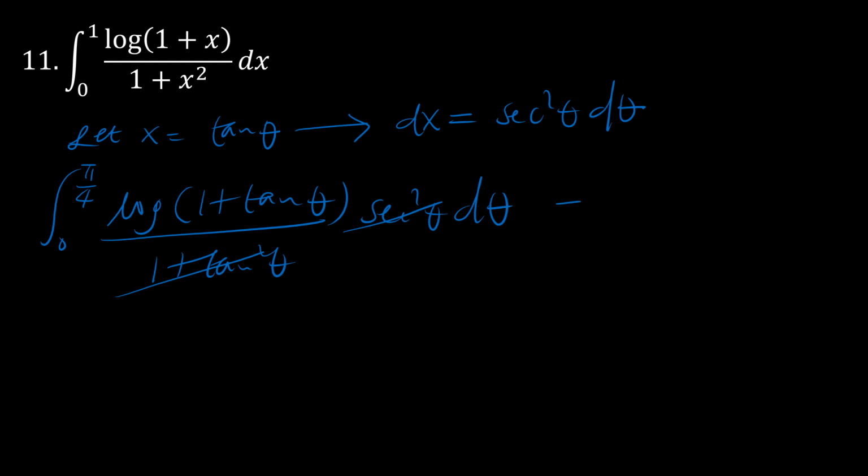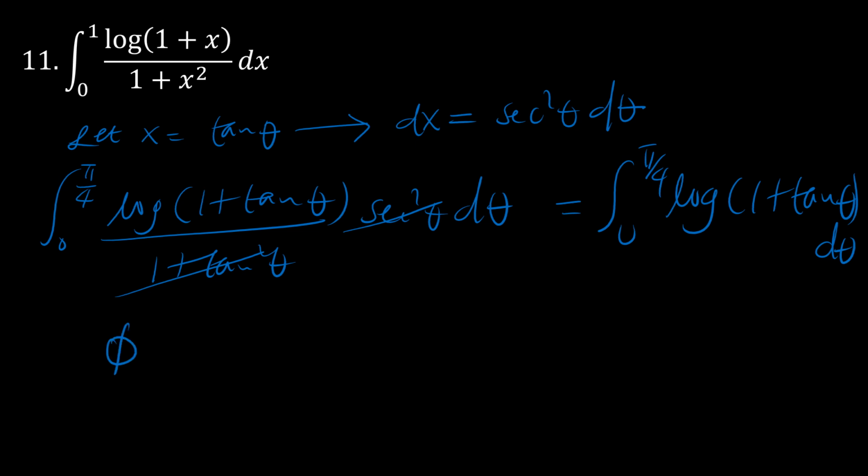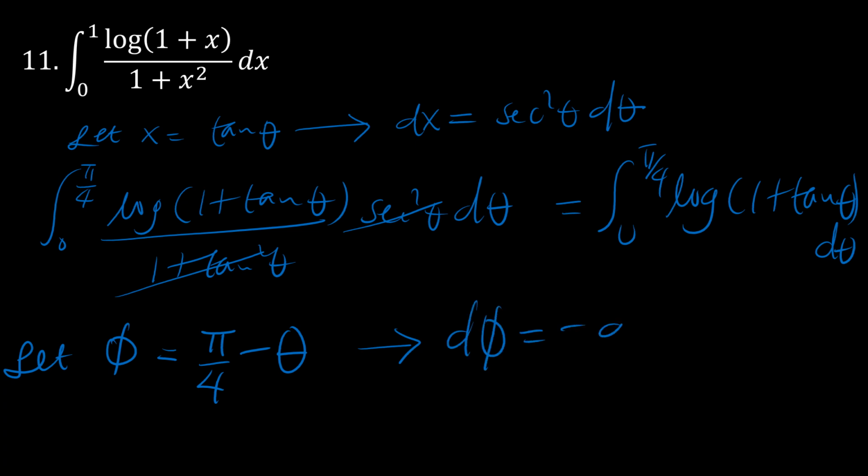So you're left with the integral from 0 to pi over 4 of natural log of 1 plus tangent of theta d theta. So we could play around. Maybe let's use phi. Let phi be equal to pi over 4 minus theta, such that d phi is the same as negative d theta.